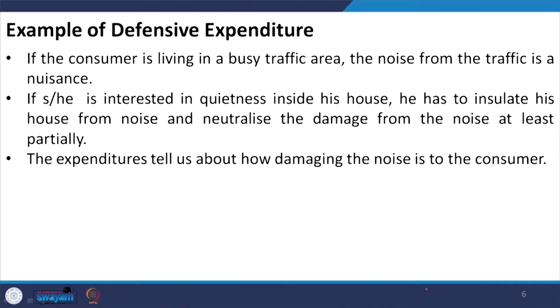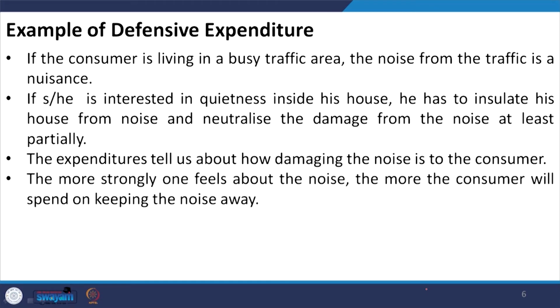And this expenditure, when the household is purchasing some equipment in order to insulate its house so that the traffic noise outside cannot enter the inside rooms, will be telling about how damaging the noise is to the particular household. That is why it is so bad that he is interested in spending his money in order to control or avoid this noise.